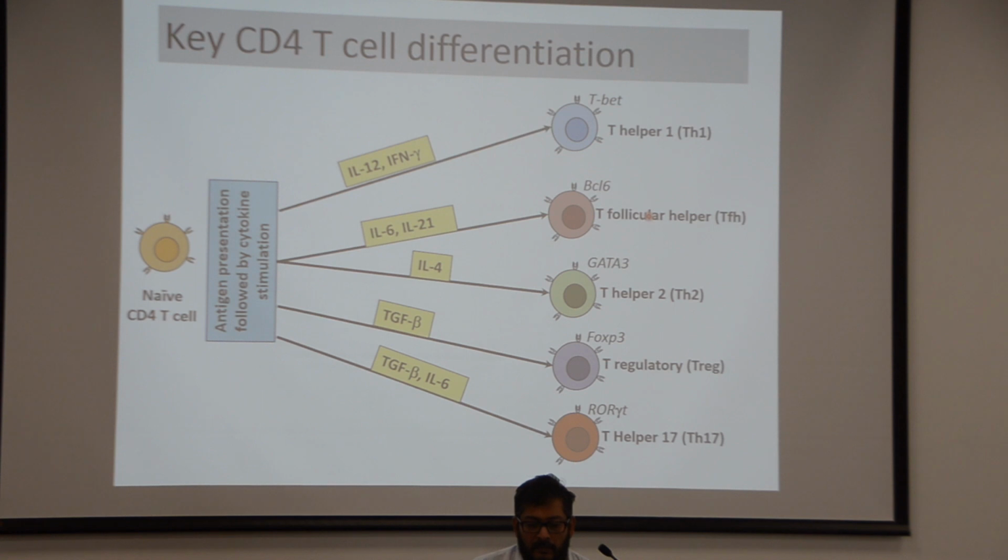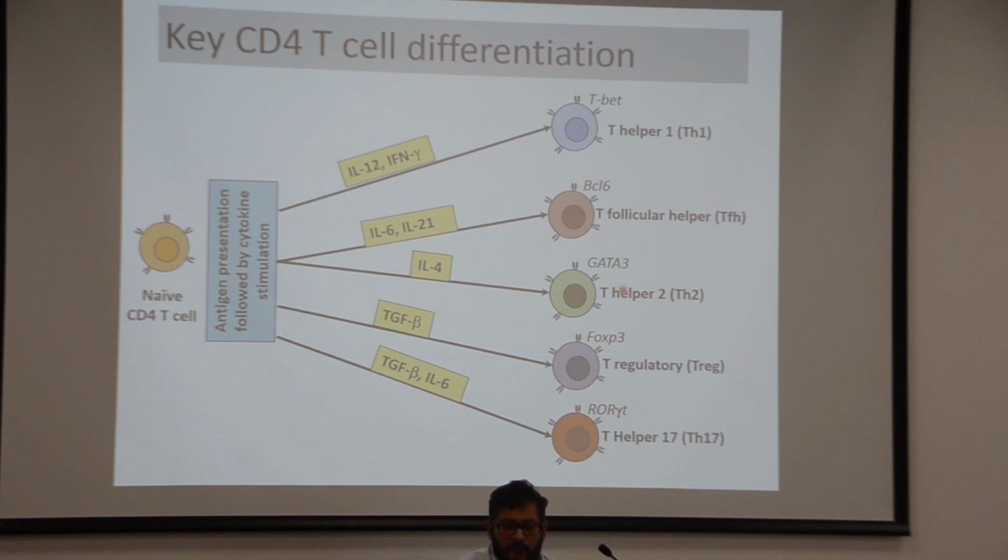Okay. Now, T cells are able to differentiate into a family of different effector cell types. You've got T helper 1s, which are induced by interleukin 12 and also supported by interferon gamma. You have the T follicular helper. These are the ones that give rise to different B cell responses.